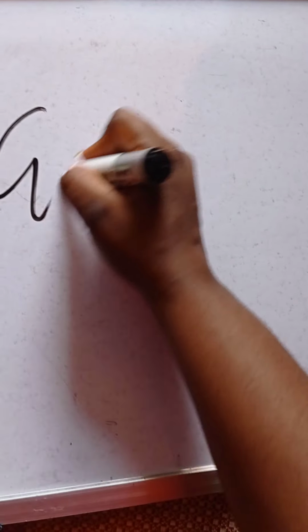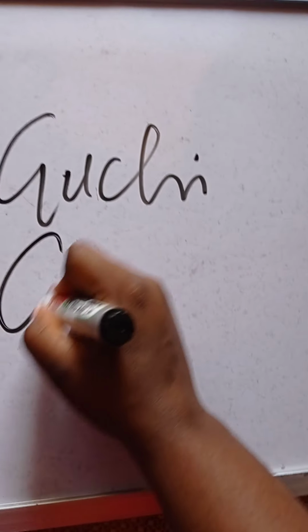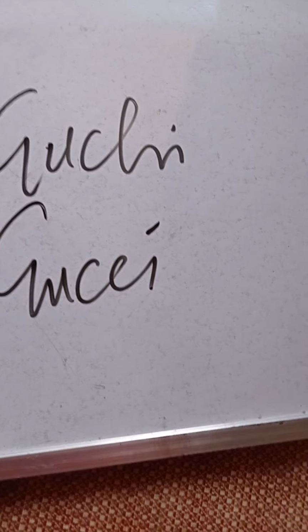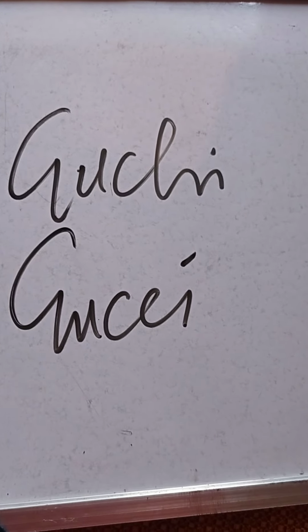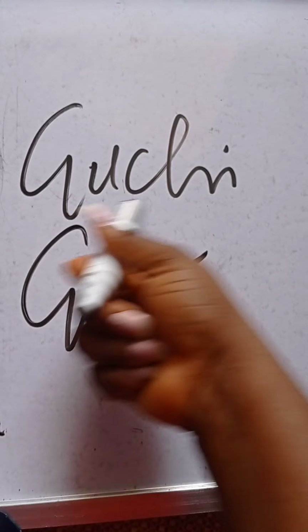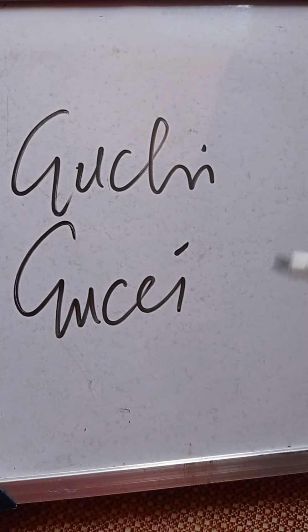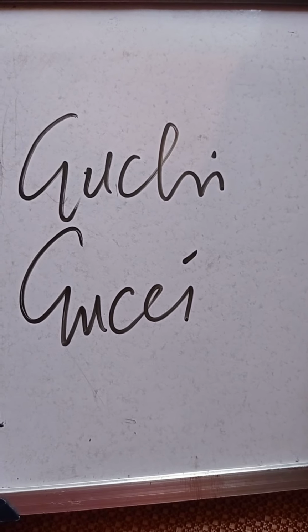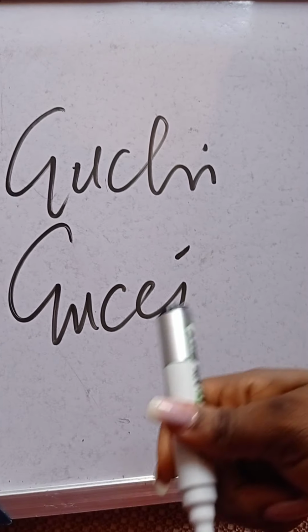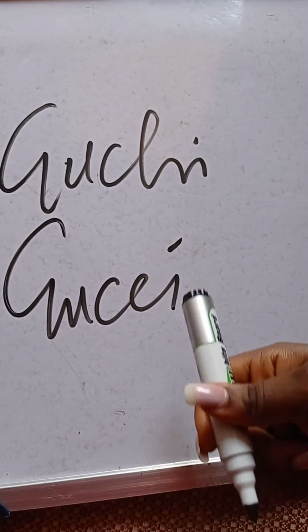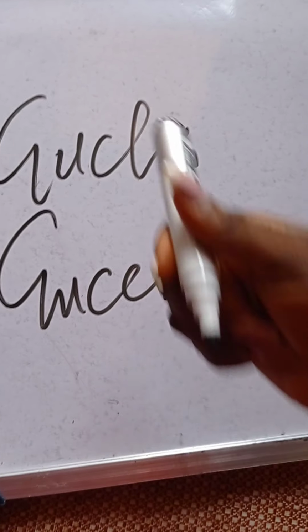I have never seen an Italian that writes Gucci like Gucci. It's Gucci. Every language, even when they write with this kind of letters, have different sounds for it. You can't tell an Italian to write Gucci like this.